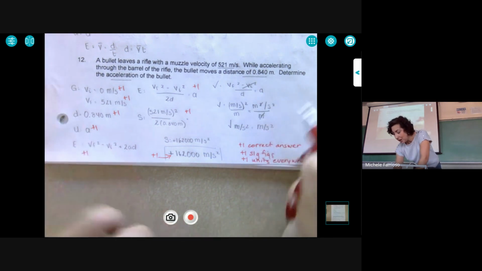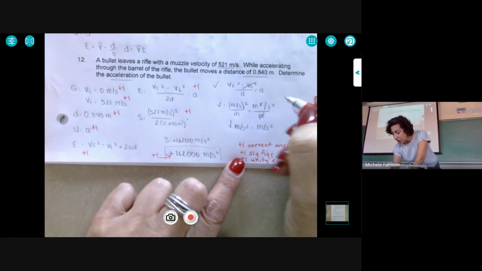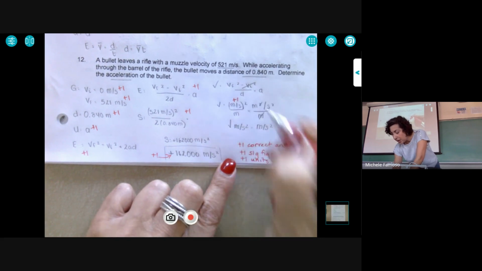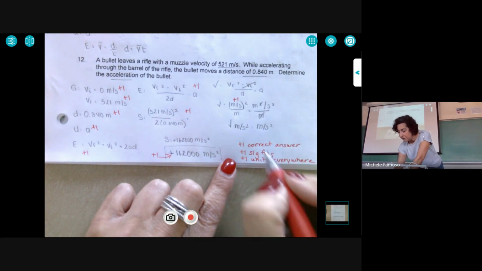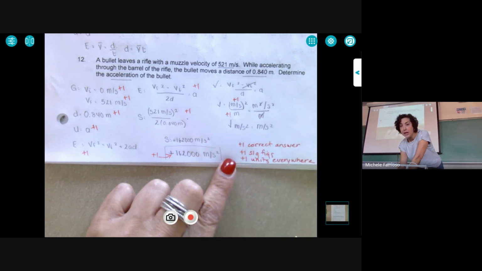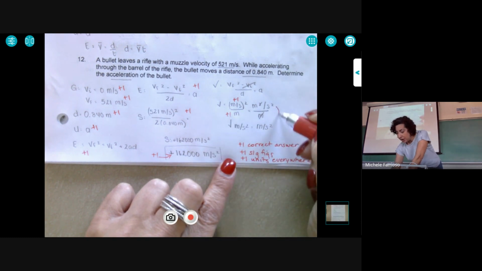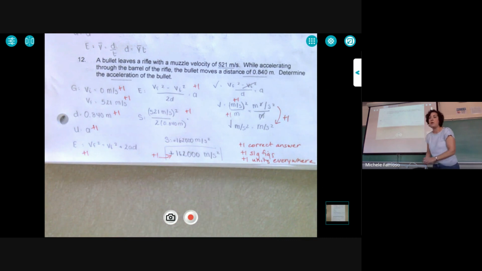And then on the check step, you're going to get 1 point for plugging in meters per second for VF and 1 point for plugging in meters for D. And then you're going to get another point for showing how to get to meters per second squared correctly. So how many points is that total? 1, 2, 3, 4, 5, 6, 7, 8, 9, 10, 11, 12, 13, 14 points for one question on a test or quiz.